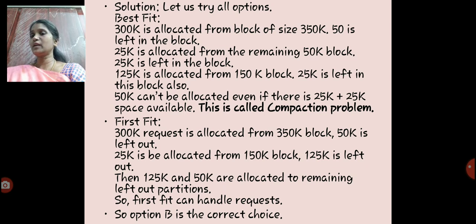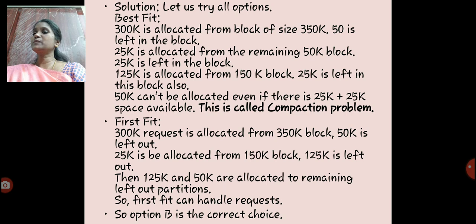So 50k is left unused. What about the next process, 25k? The 25k is allotted to the remaining 50k block, so 25k is left unused, right?